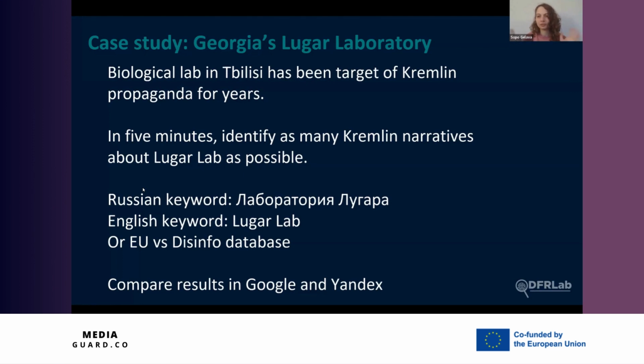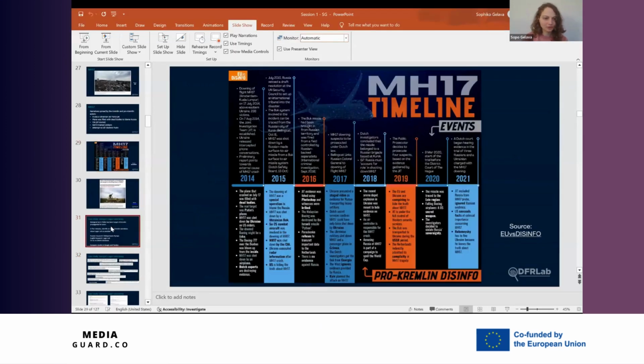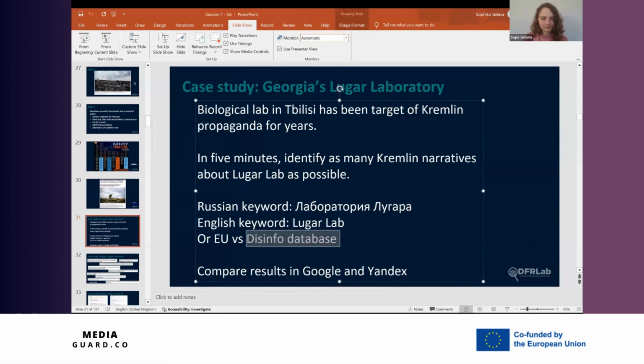Also put in the chat all the narratives you find about the Lugar Lab, and I'll copy these keywords right now. Apologies. If you prefer, you can also use the EU vs Disinfo database. You can search Lugar Lab there, and identify some narratives there.